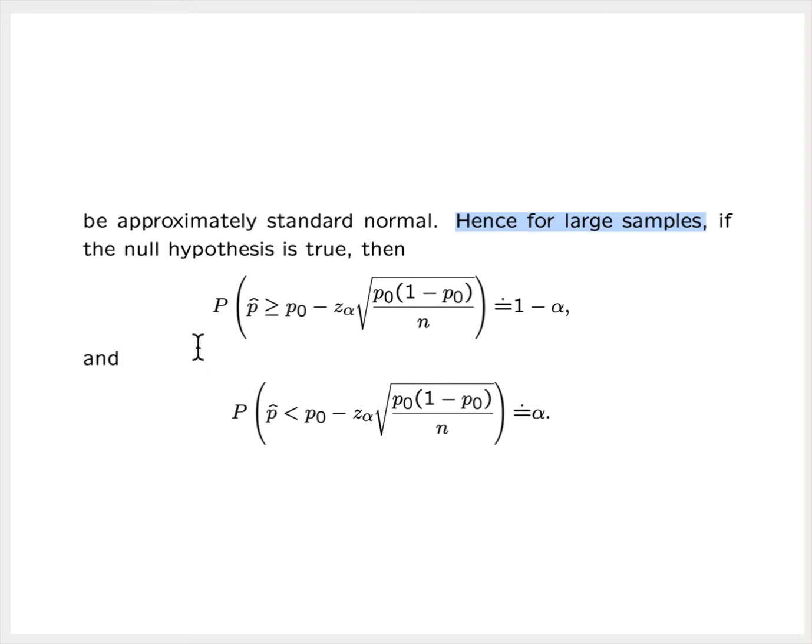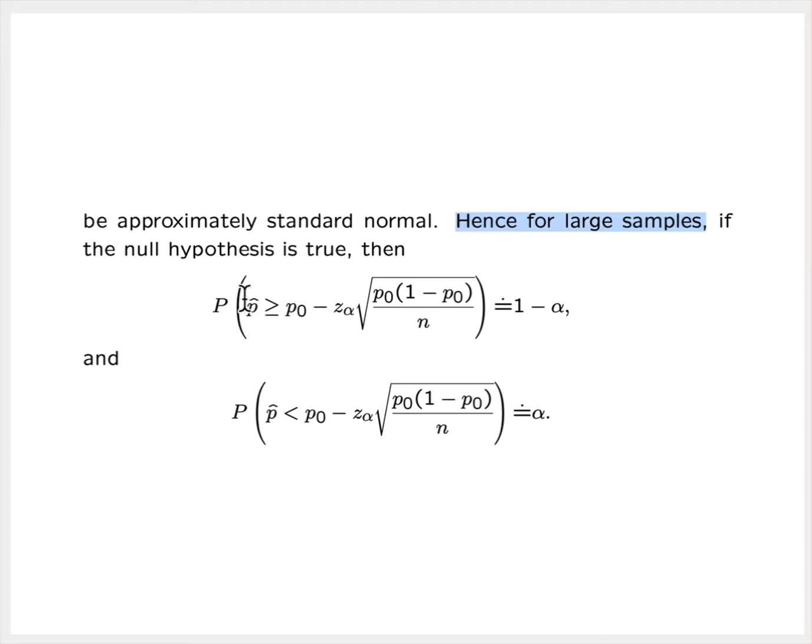Then the probability of obtaining a sample for which the sample proportion is at least this big, greater than or equal to p naught minus z sub alpha times the square root of p naught times 1 minus p naught over n. And this square root quantity, the square root of p naught times 1 minus p naught over n, is the standard error of p hat on the boundary condition of the null hypothesis.